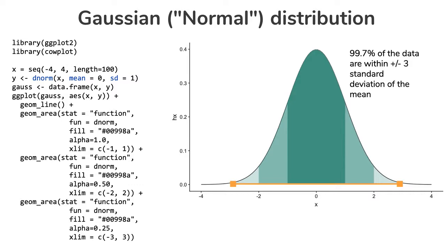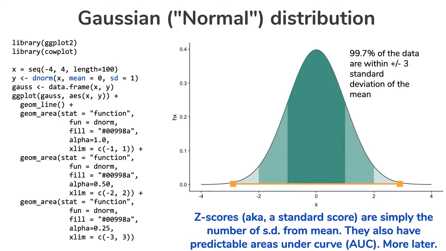And those distances from the mean, or those standard deviations, are also called z-scores. So z-scores are really convenient because they standardize distance from the mean without caring at all what the mean is. It allows us to abstract away the actual shape of the distribution and just talk about distance from the mean. And if we know that distance, we can directly compute the probability of being that far away from the mean.